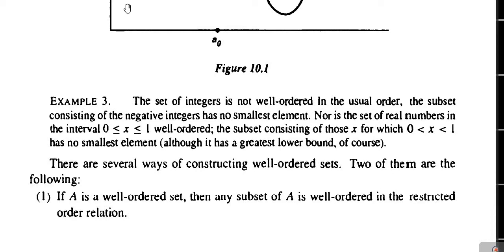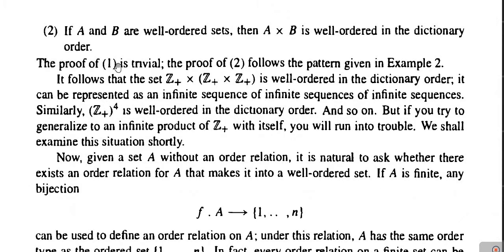And the second way is that if A and B are well ordered sets, then their Cartesian product A cross B is also well ordered in the dictionary order. So these are the two main ways of constructing well ordered sets.